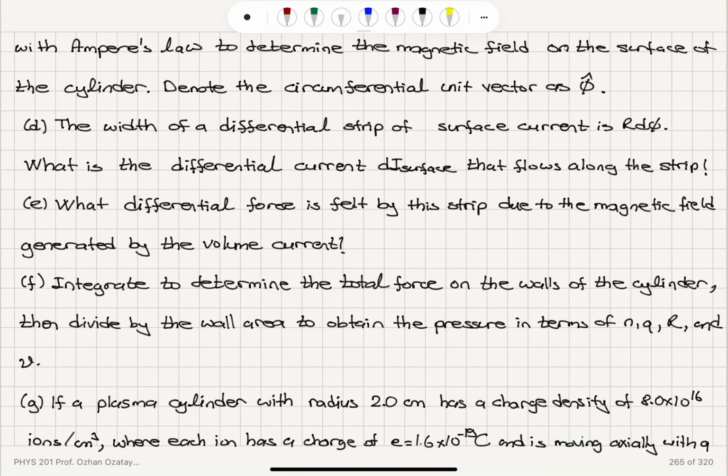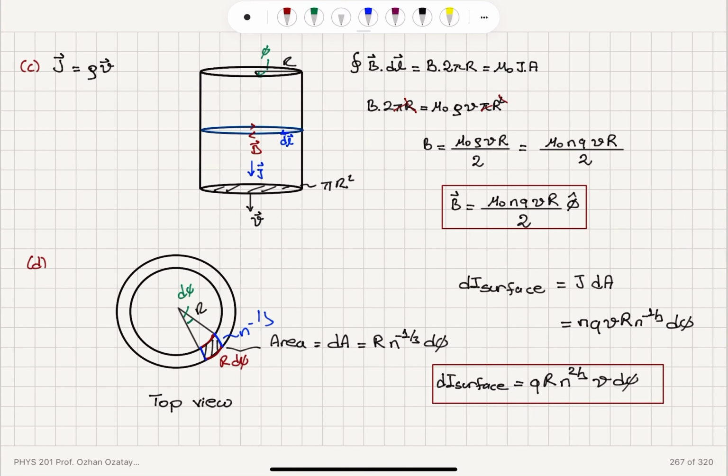Okay, now part E. What differential force is felt by this strip due to the magnetic field generated by the volume current? This current will interact with the magnetic field and will feel a differential force.